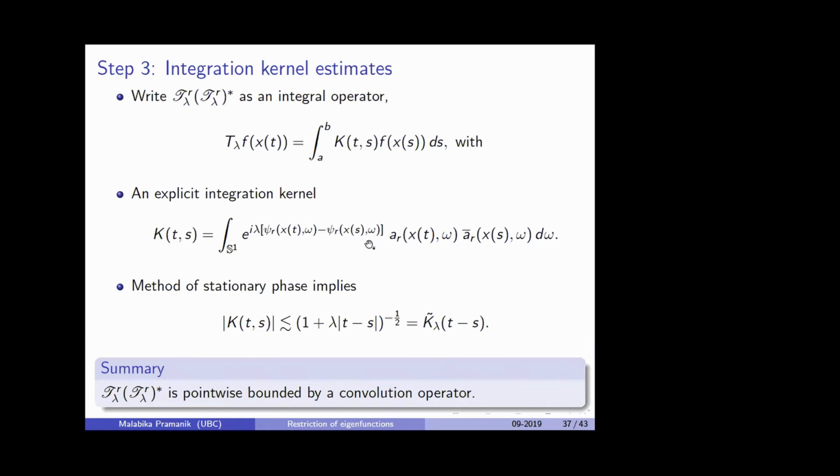So by the method of stationary phase, we arrive at a decay rate for it in terms of lambda times t minus s. The bottom line is that because of this upper bound obtained in the method of stationary phase, TT star is actually bounded by a convolution operator, because S and T are related by the expression t minus s.